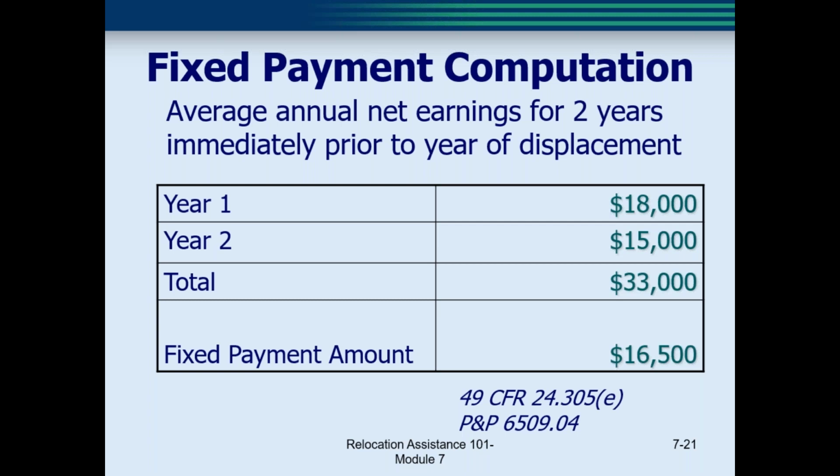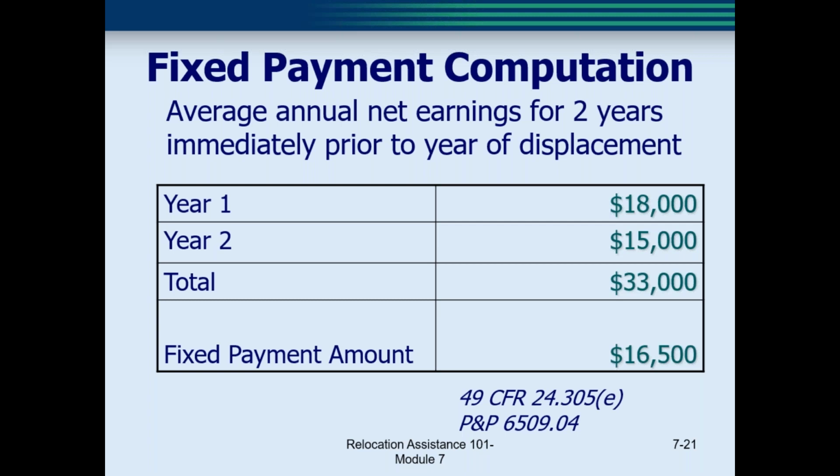So we're going to request the tax returns for 2012 and 2013. Based on the tax returns Rita provides the agency, the net income for 2012 is $18,000 and the net income for 2013 is $15,000. And note I'm saying net earnings, okay?